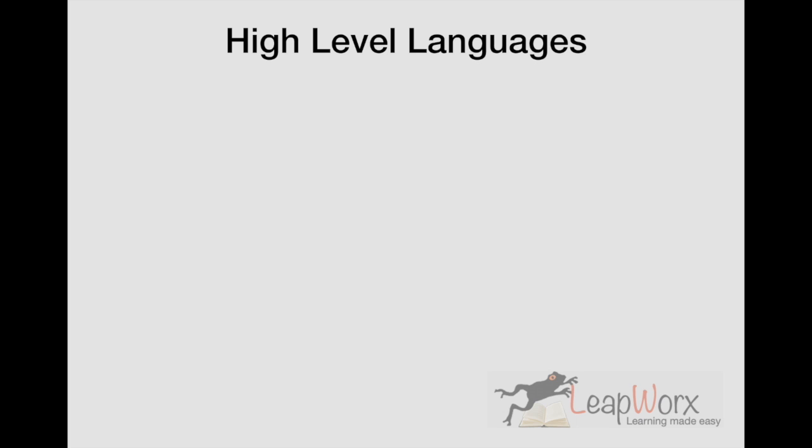Okay, now let's talk about high level languages. People realized by this time that it's possible to write something in one format, translate that, and convert it into binary instructions. So then people said, why stop at assembly language?